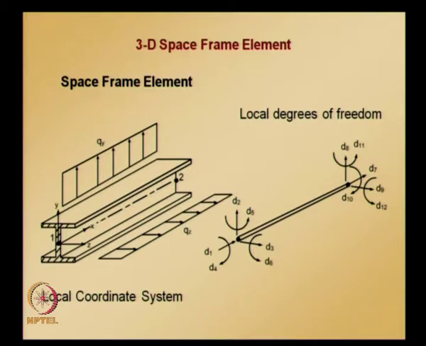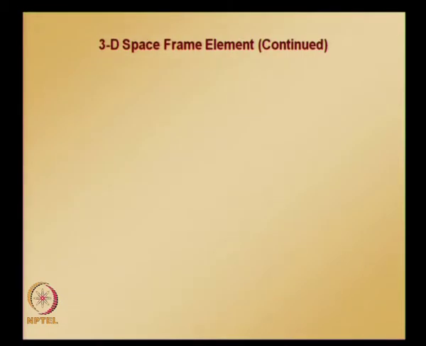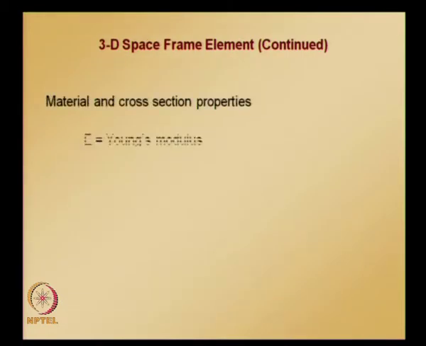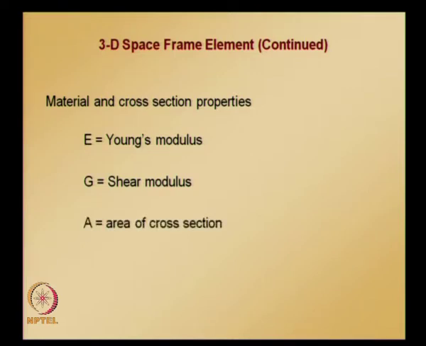So let us see what notations we will be using in this 3D space frame element. Material and cross sectional properties: you are familiar with Young's modulus denoted with E. And now one more thing is coming here, shear modulus, because torsional effects are also included for the 3D space frame case, and capital A is area of cross section, this also you are familiar with.